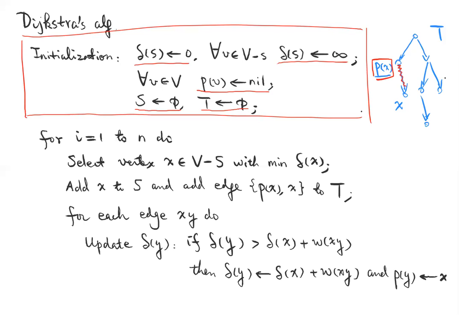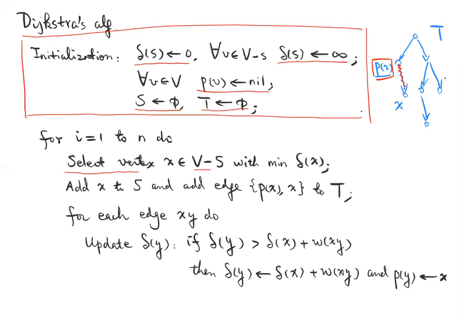The actual values will be set during the process. That's the initialization part. It's very simple, but we need to be careful with the boundary condition. Then we do it n times, because each time we add one vertex. So it's a loop with n iterations. The key step is the greedy step.